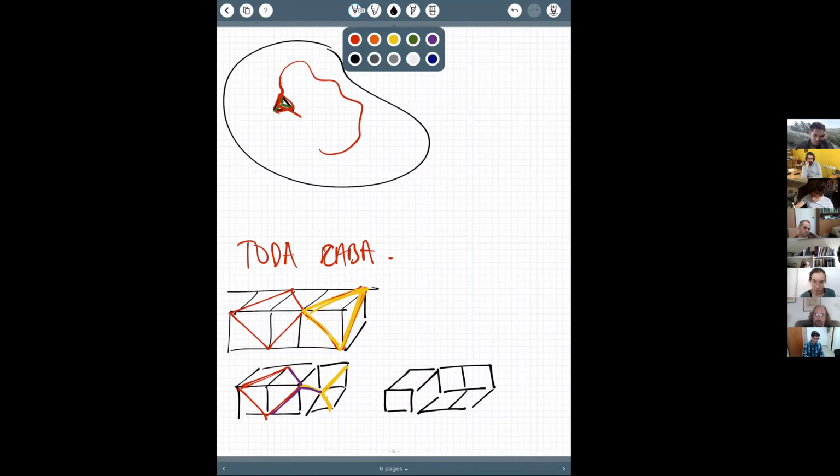So if I do one more change, I end up here with something like, let me draw in yellow. This star here, I exchange it into a triangle. And now I have a triangle here.